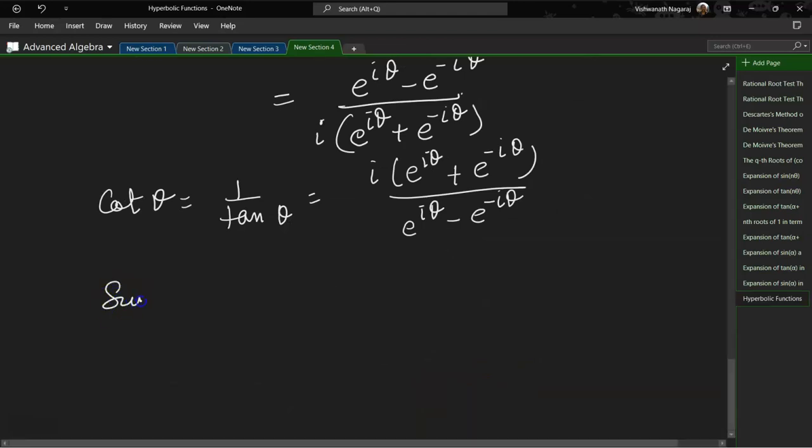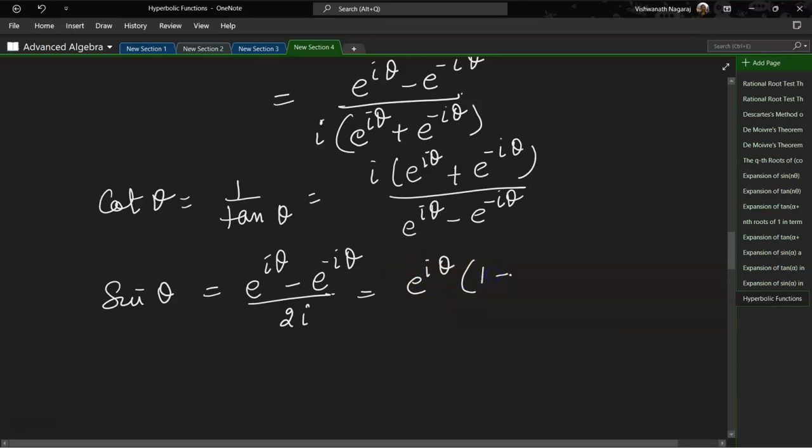Sin theta, remember, we know is (e^(iθ) - e^(-iθ))/2i. Now what we'll do is, let's split them up. The result will be the same whether you split it and do something or take common out. So let's take e^(iθ) common out. What are you left with?